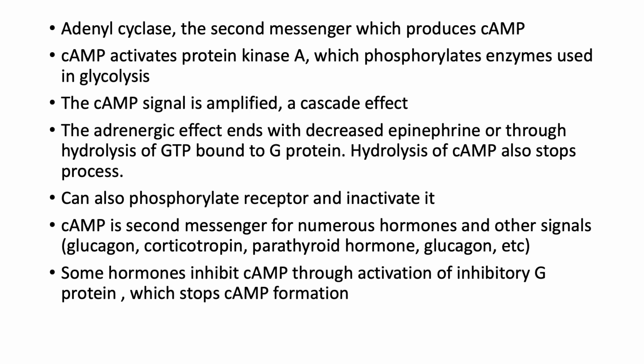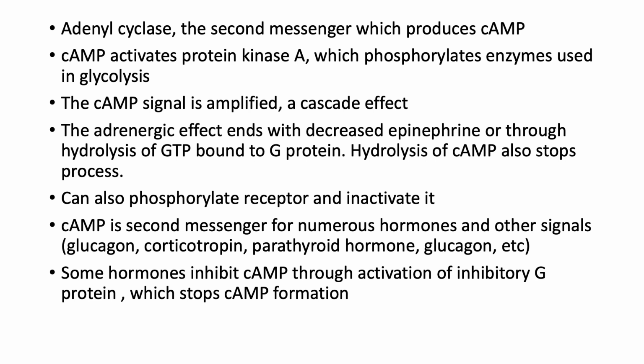This effect ends when epinephrine decreases or is consumed, or through hydrolysis of GTP bound to G protein. Hydrolysis of cyclic AMP also stops the process. You can also phosphorylate the receptor and inactivate it that way, without needing the other effects of the G protein or cyclic AMP hydrolysis.